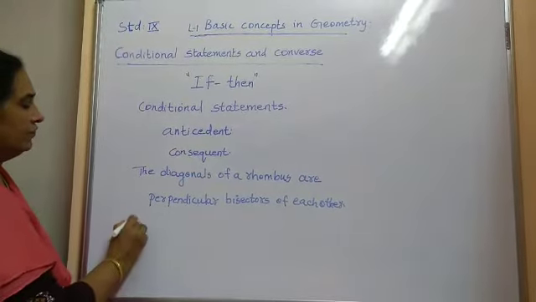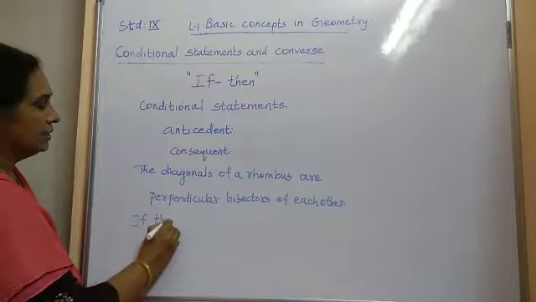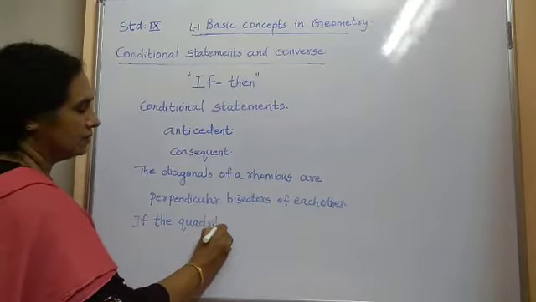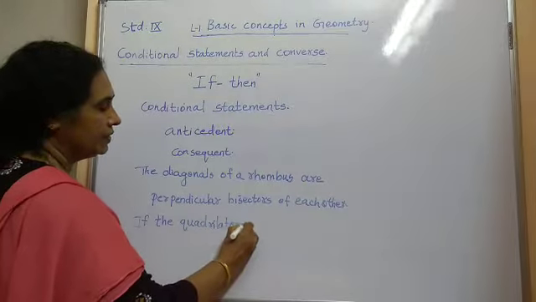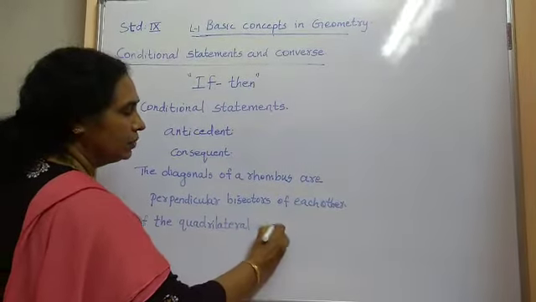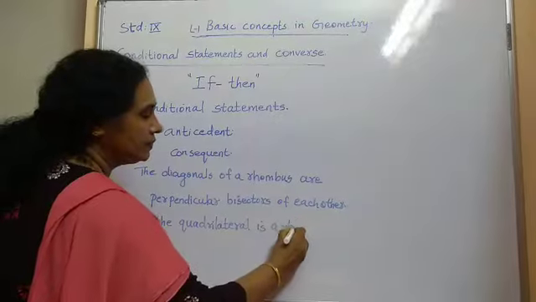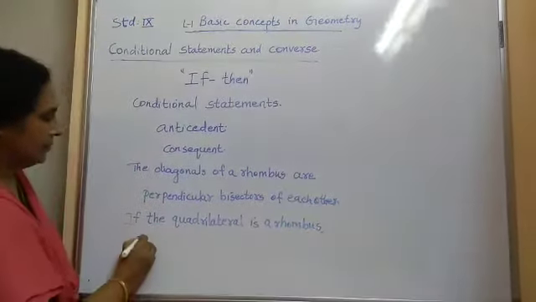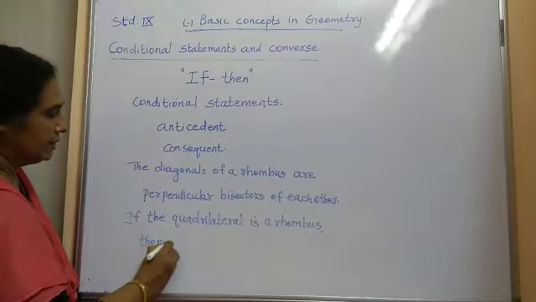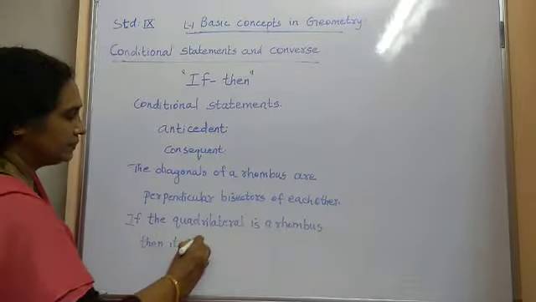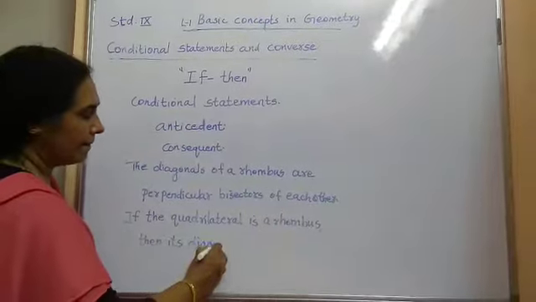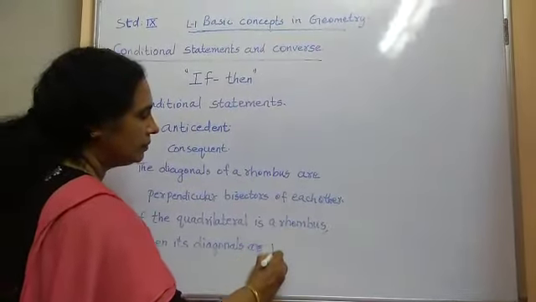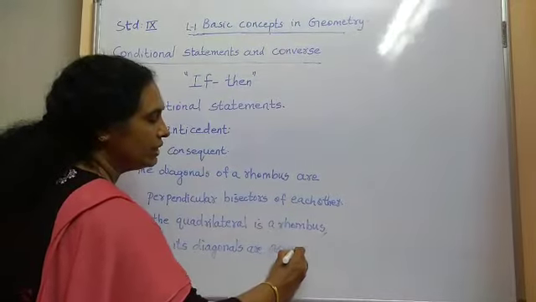That is, if the quadrilateral is a rhombus, then its diagonals are perpendicular bisectors of each other.